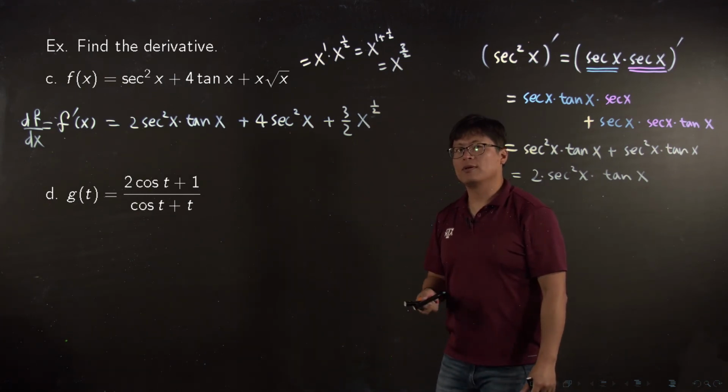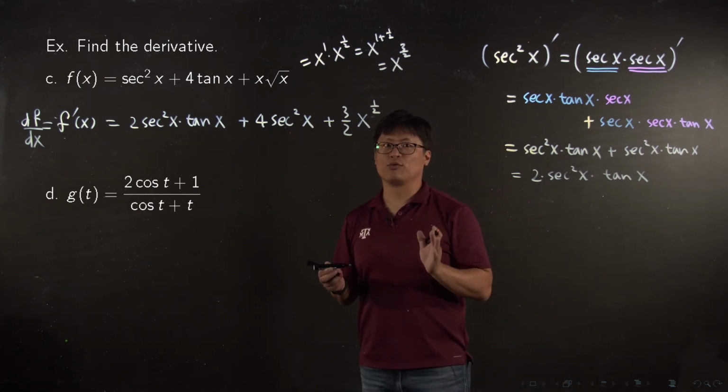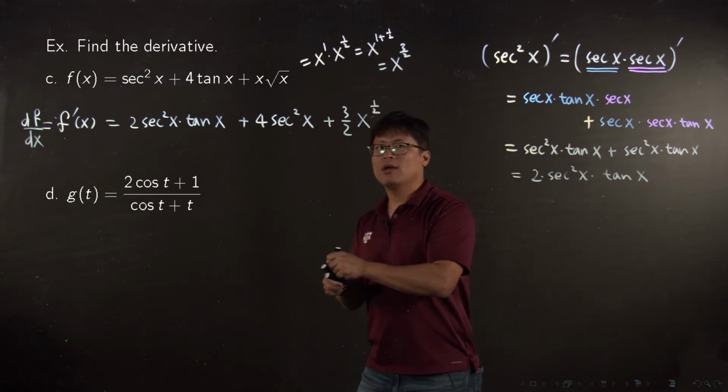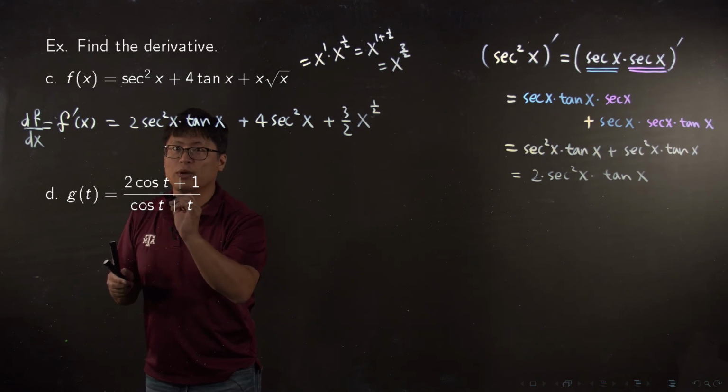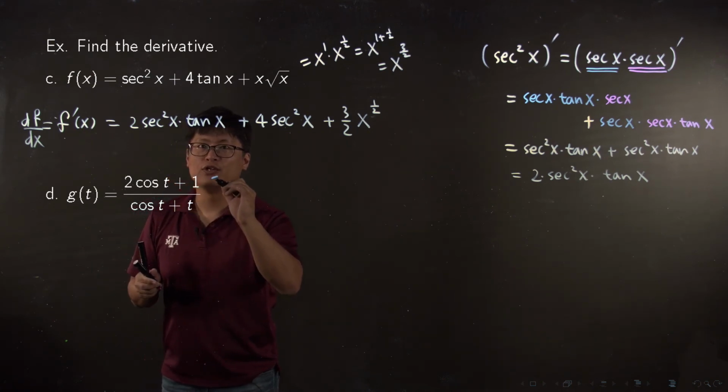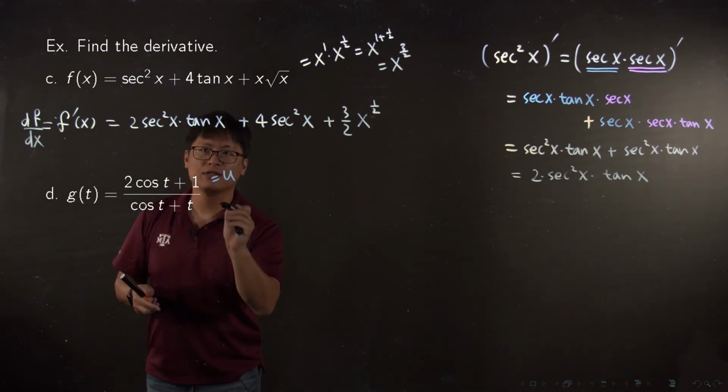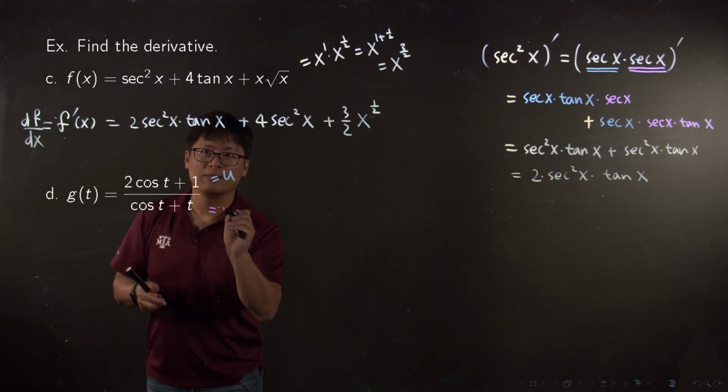Then what about the next one? Definitely we're going to do the quotient rule. So as I did before, let me do the four-piece puzzle way. The first function, let's say it is u, and the second function, which is the denominator, is named v.